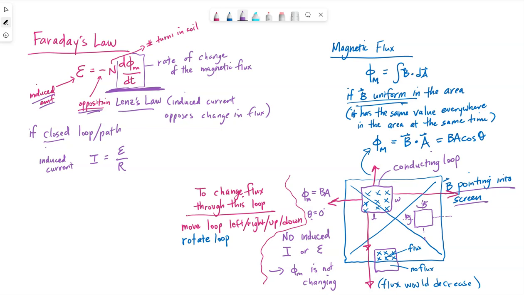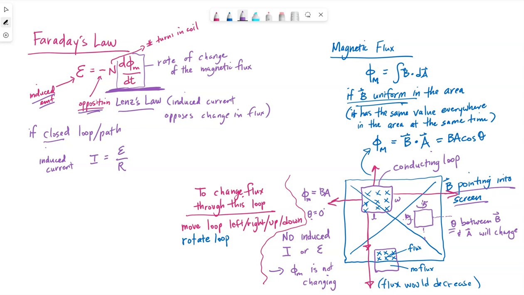As we rotate it, the angle theta between the magnetic field vector that stays pointing into the screen and the area vector, which stays normal or perpendicular to the rectangle, this theta will change. That will affect how much of the magnetic field can actually flow through that area. So that is an option.